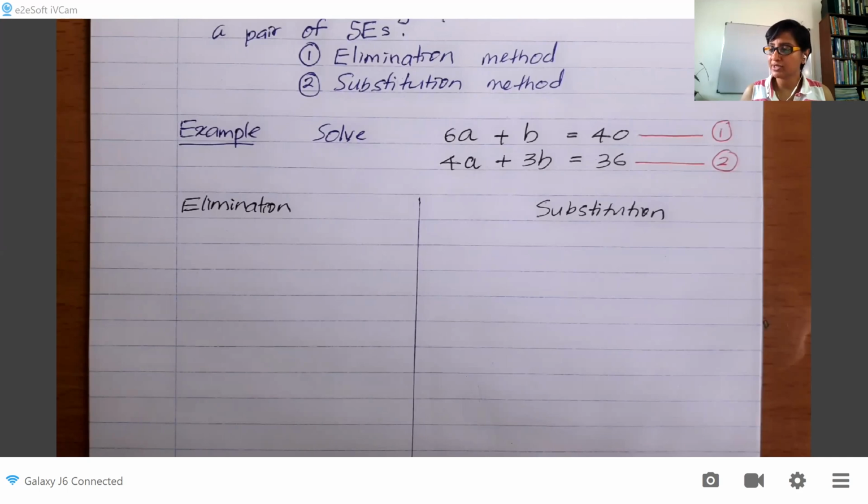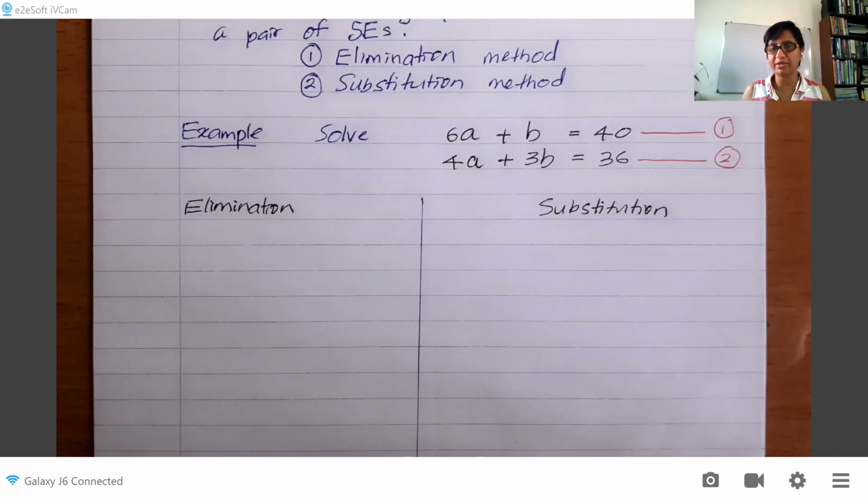So in the elimination method, you try to eliminate one of the variables and get a single equation with a single unknown. So you're thinking of a way to combine these two. What can I do to get rid of one of the variables?